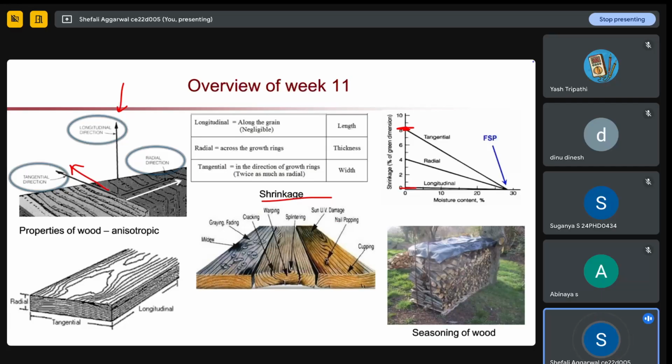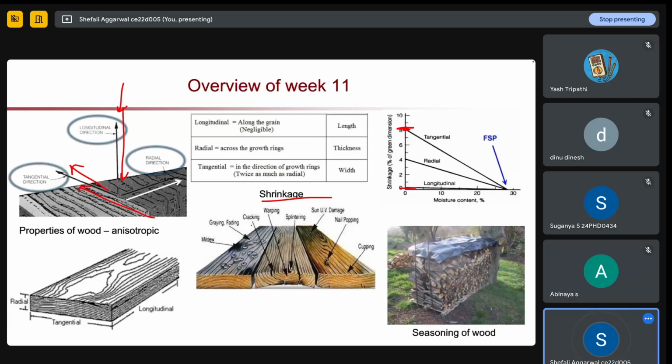In the case of tangential, if we see from this diagram, in this direction your shrinkage will be maximum, and along the length your shrinkage will be minimum. Because of this shrinkage, normally your wood will warp, or there will be cracks forming in the normal wood or timber.